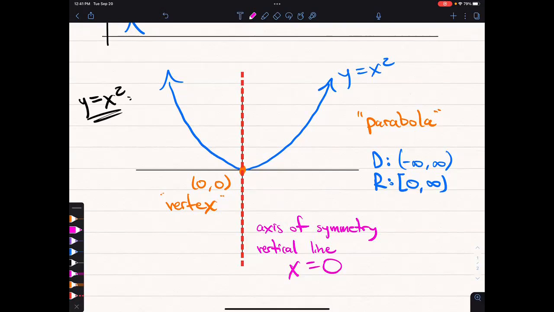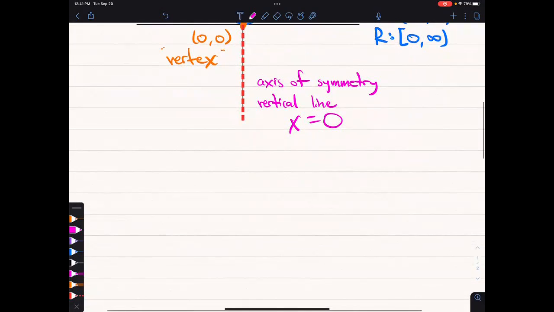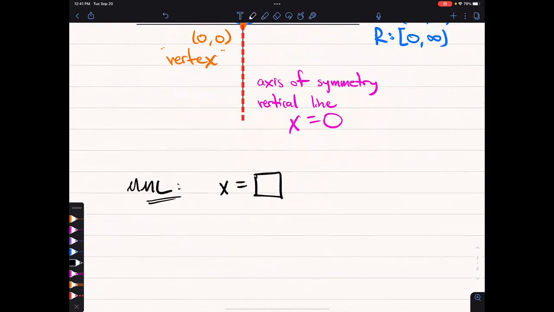Oh, and be advised on the same topic, MML always wants an equation for the axis of symmetry because it's an equation of a line. Sometimes it gives you x equals and just has a box where you type your answer in. Sometimes you just have a box and you type the whole thing in.